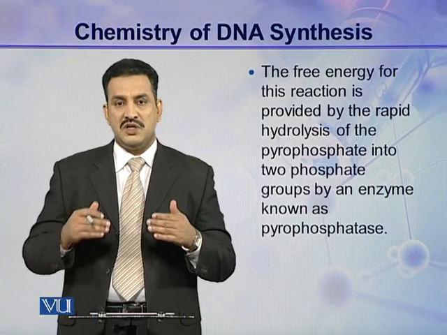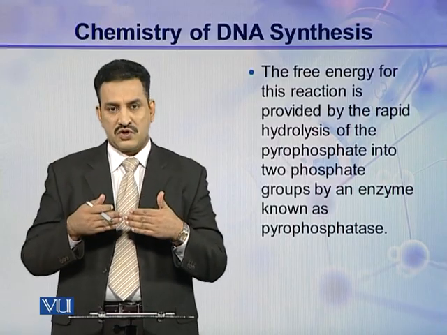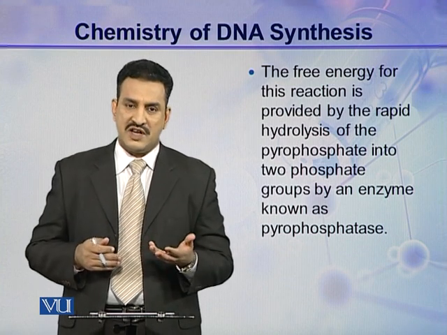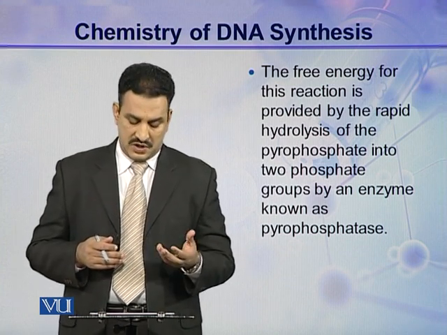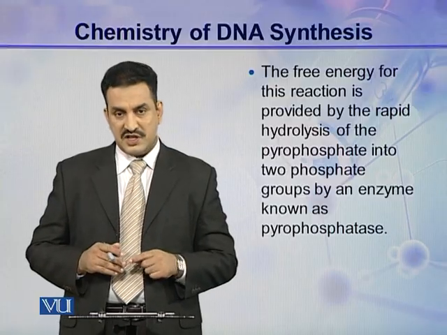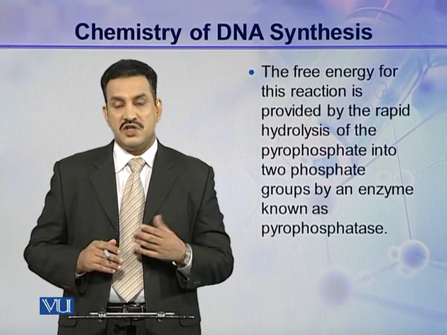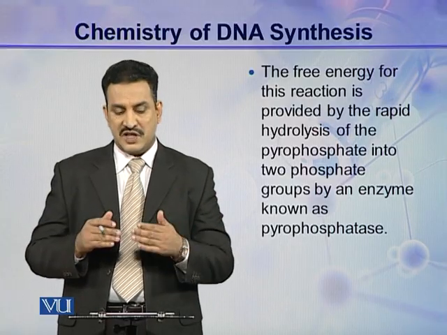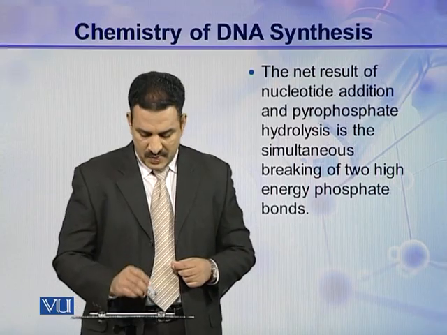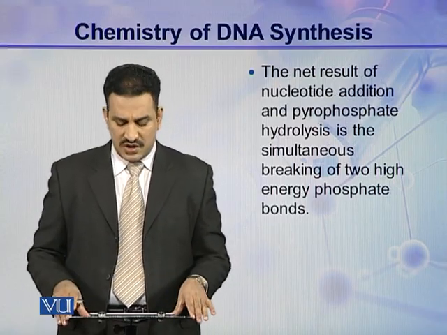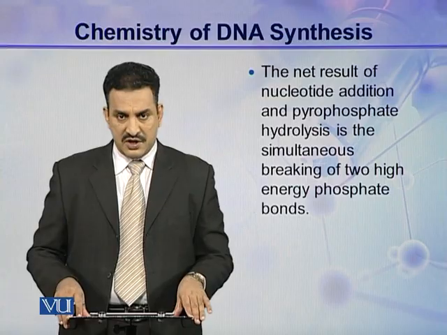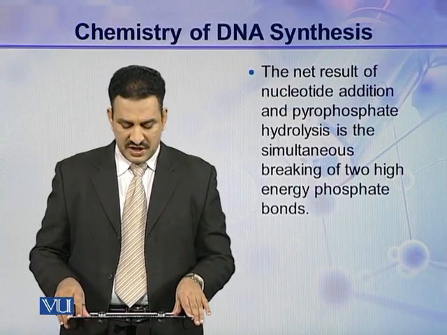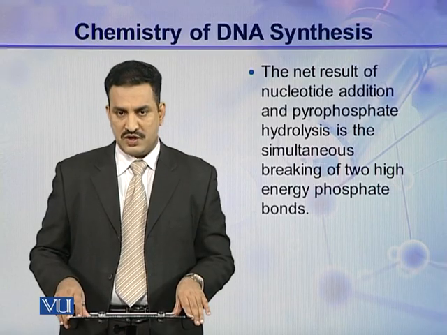As you know, the bond between the two phosphate groups is a high energy bond. So when this bond is hydrolyzed, a huge amount of energy is released, and it is the driving force for the addition of incoming nucleotides to the existing chain. The net result of nucleotide addition and pyrophosphate hydrolysis is the simultaneous breaking of two high energy phosphate bonds.